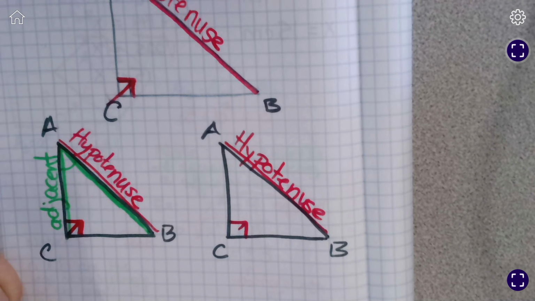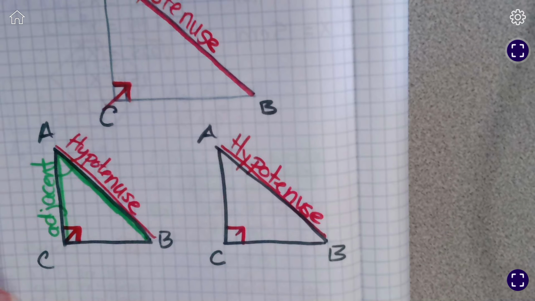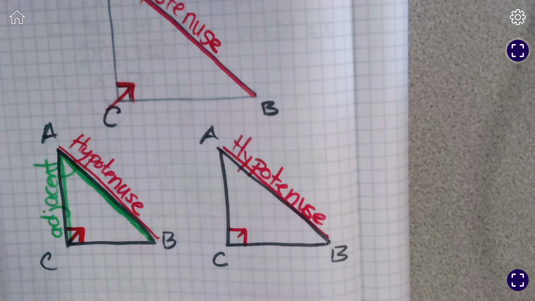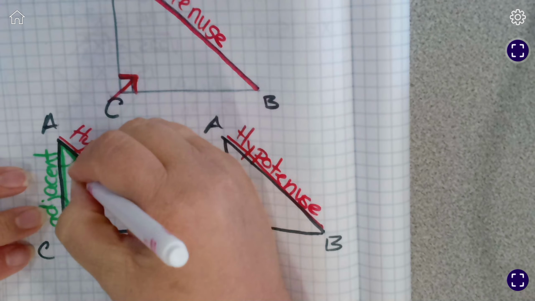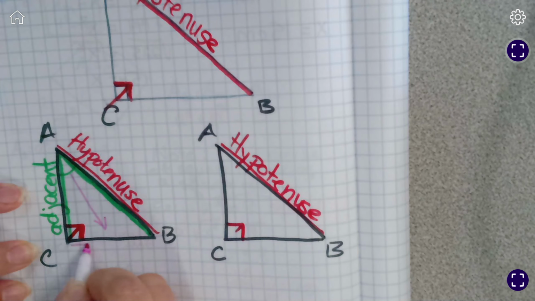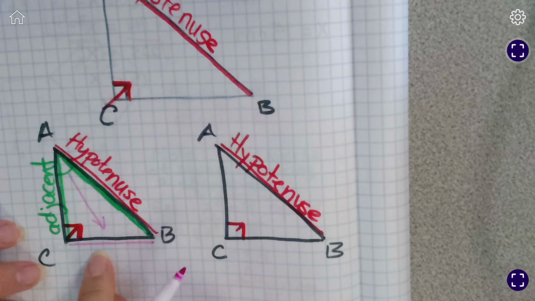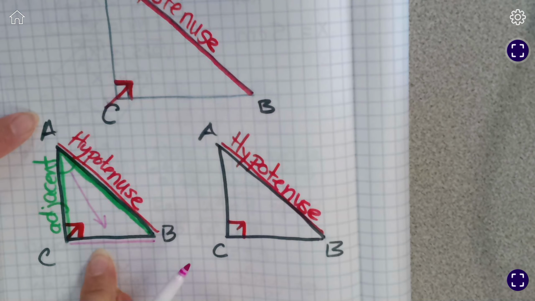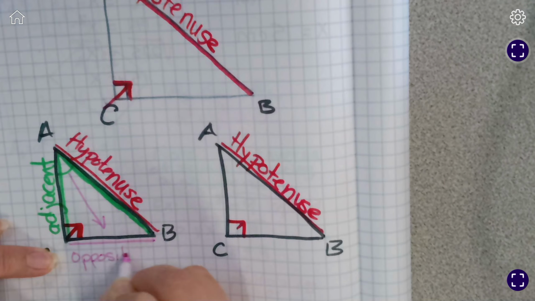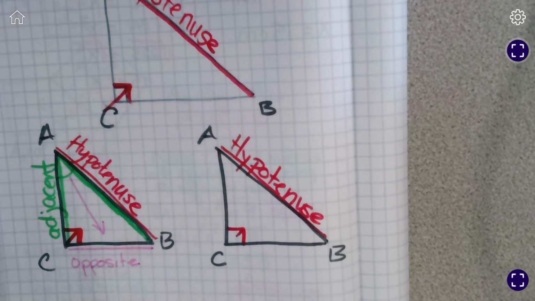Okay? Now, across from the angle, where you would measure the angle, the opening of the angle, across from there, this side here is called the side opposite angle A. Okay?